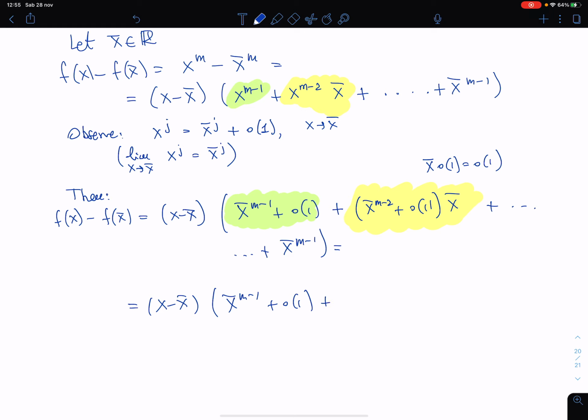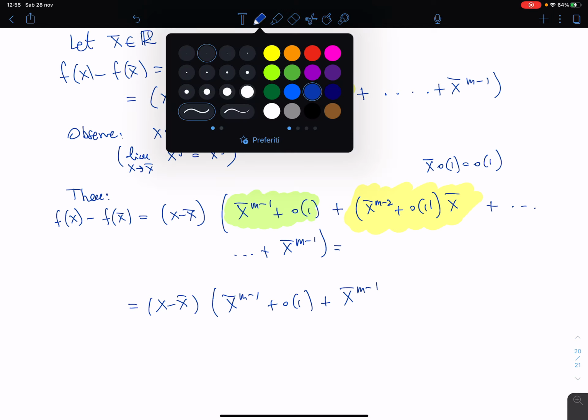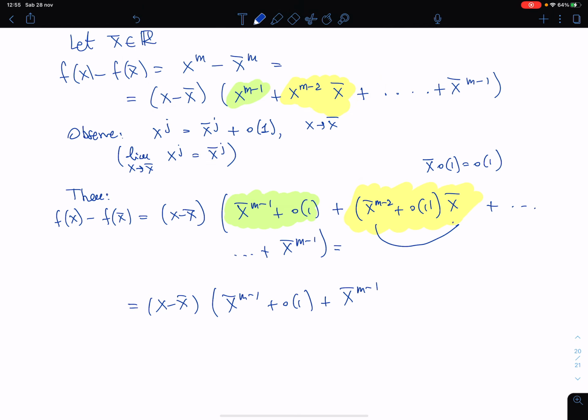So here, plus x bar again to the m minus 1, because here we have to multiply these two and we get x bar to the power m minus 1 plus little o of 1. And so for the other terms it is the same up to the last term, which is directly x bar to the power m minus 1.